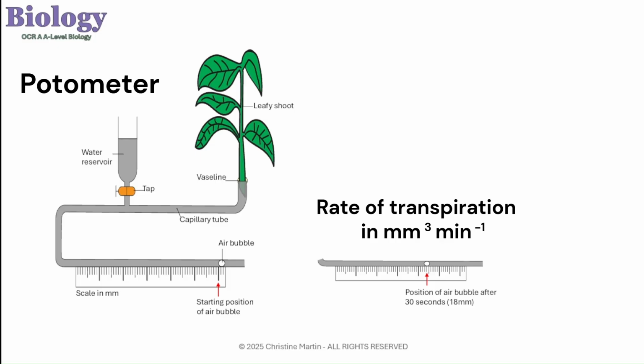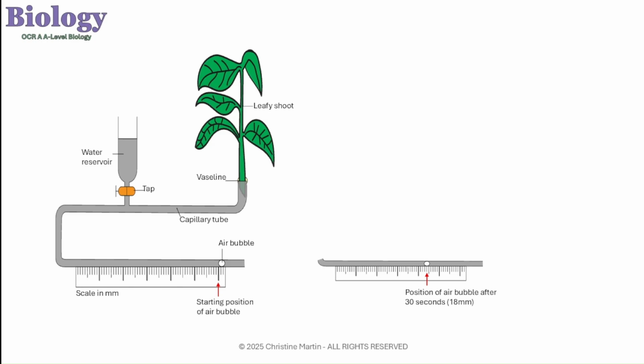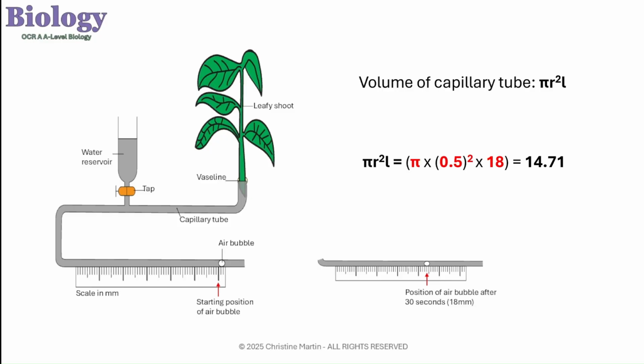Now first you will need to calculate the volume of the capillary tube using the formula pi r squared times length. So if we have our diameter, which was 1 millimeter, we would work out our volume of the capillary tube by doing pi times the radius 0.5 squared times the distance that it moved.